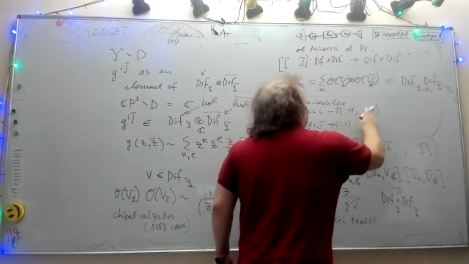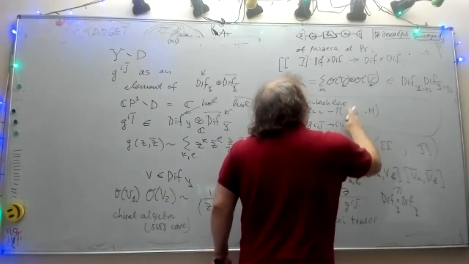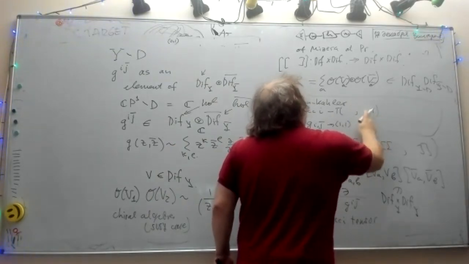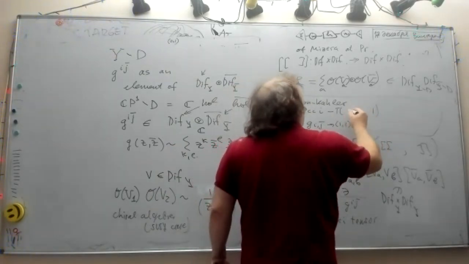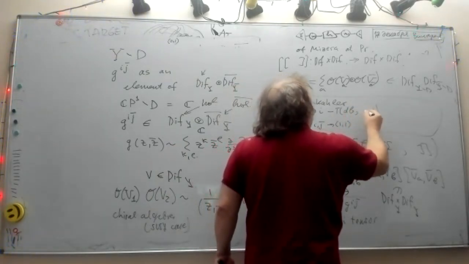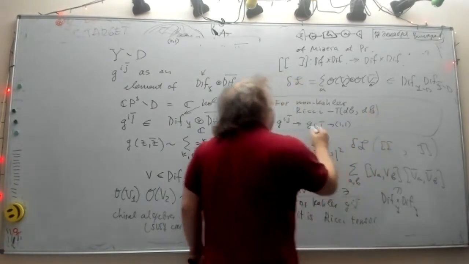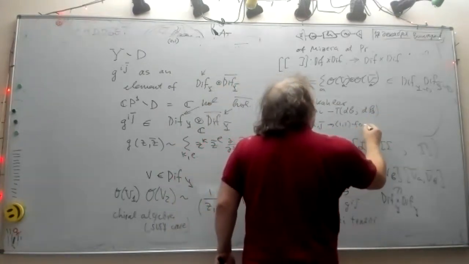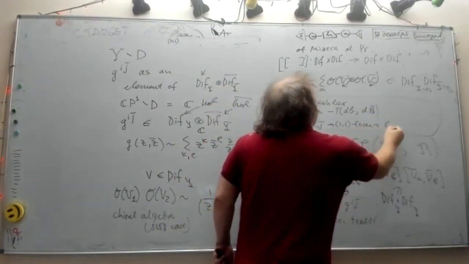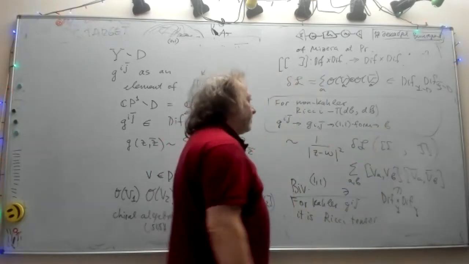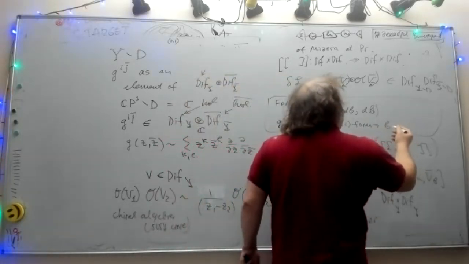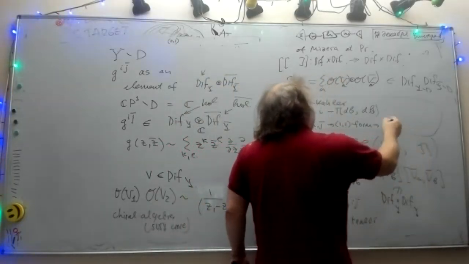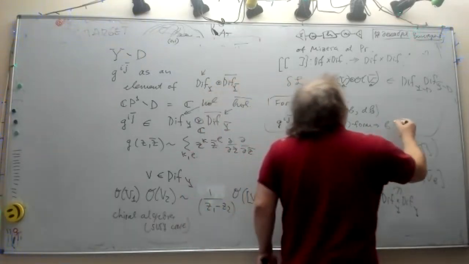And then I consider this as a (1,1) form, oh, sorry, I H. I'll write it as dB, that I'll call B. And then I can consider this as a Kalb-Ramond form.